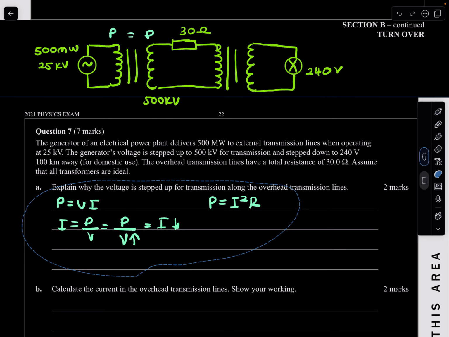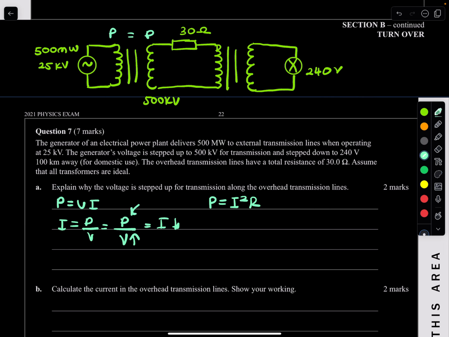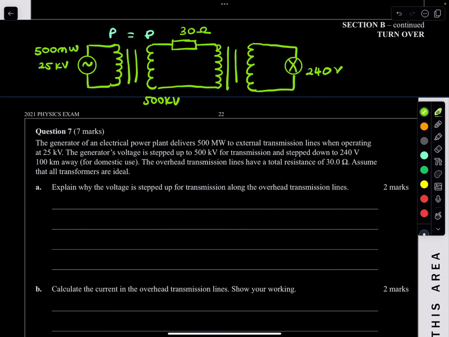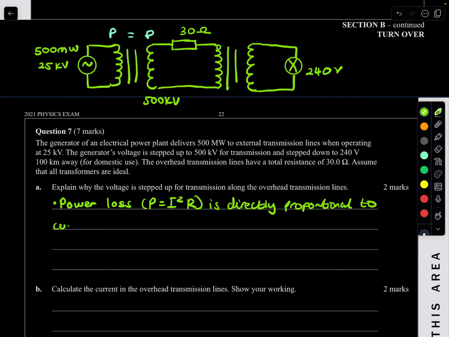That's what we want to do. And make sure to be careful: the power is constant. A lot of people forget power is constant, because we don't lose any power to the transformer. And so now, let's write a statement that goes through all what we just said. So, power loss, which is P equals I squared R, is directly proportional to current.